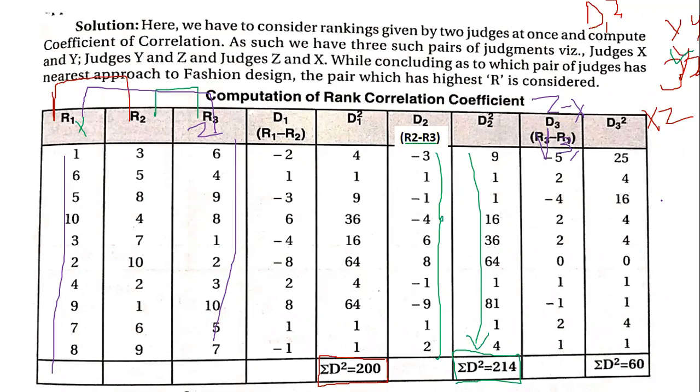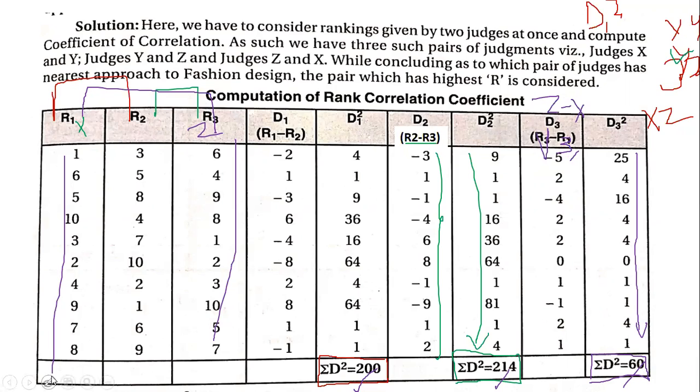So you will get the values of D3. Once you get the values of D3, you square them, that is D3 square. Then when you add all the squares, you get the final sigma D square, which is 60. So we have got sigma D square for XY, YZ and XZ.